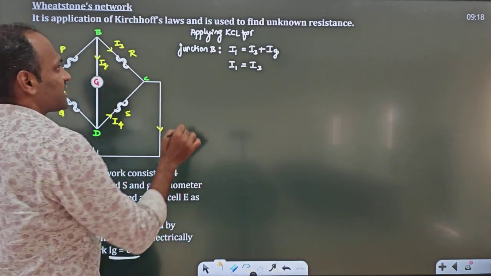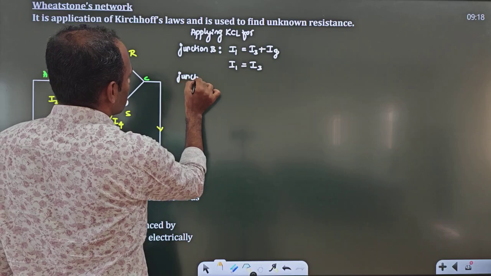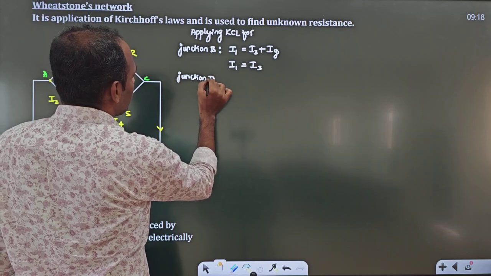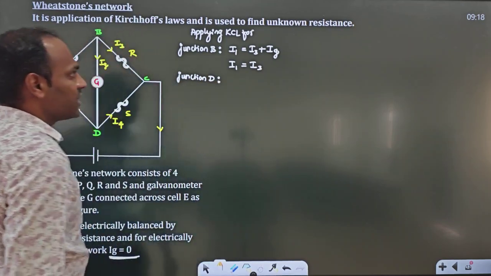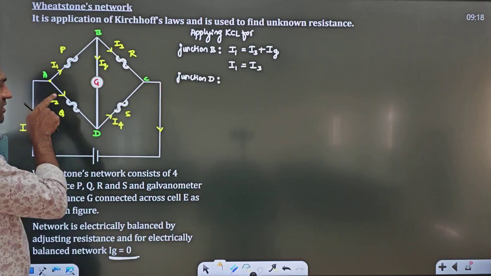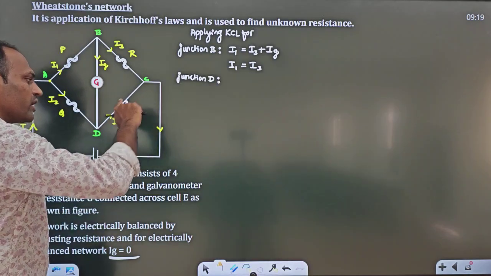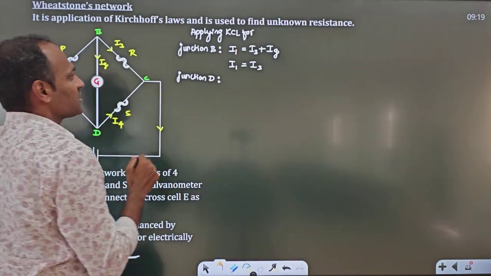Correct? Next, I will apply KCL for junction D. For junction D, incoming currents are I2 and IG. Outgoing current is I4.